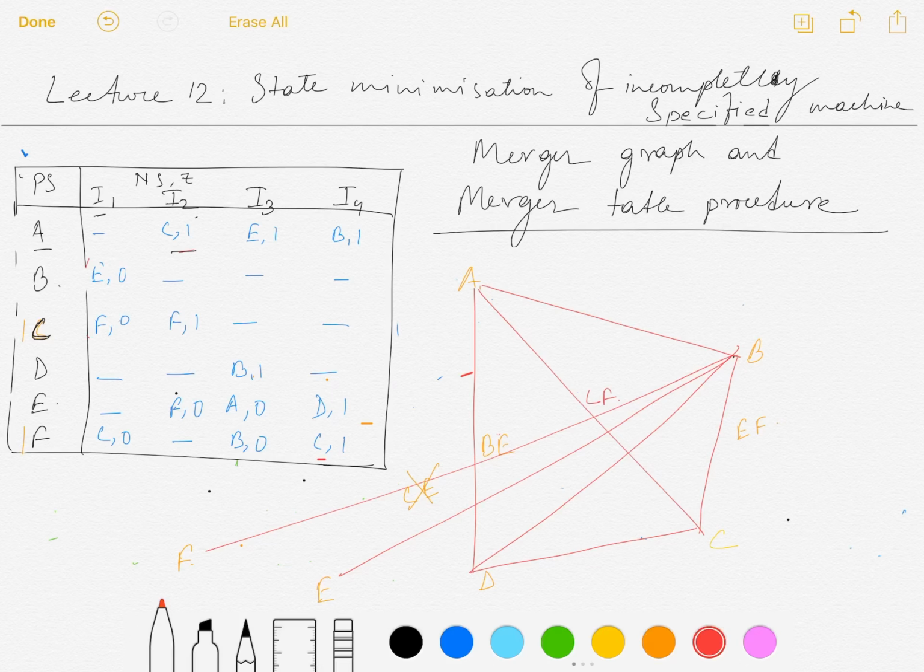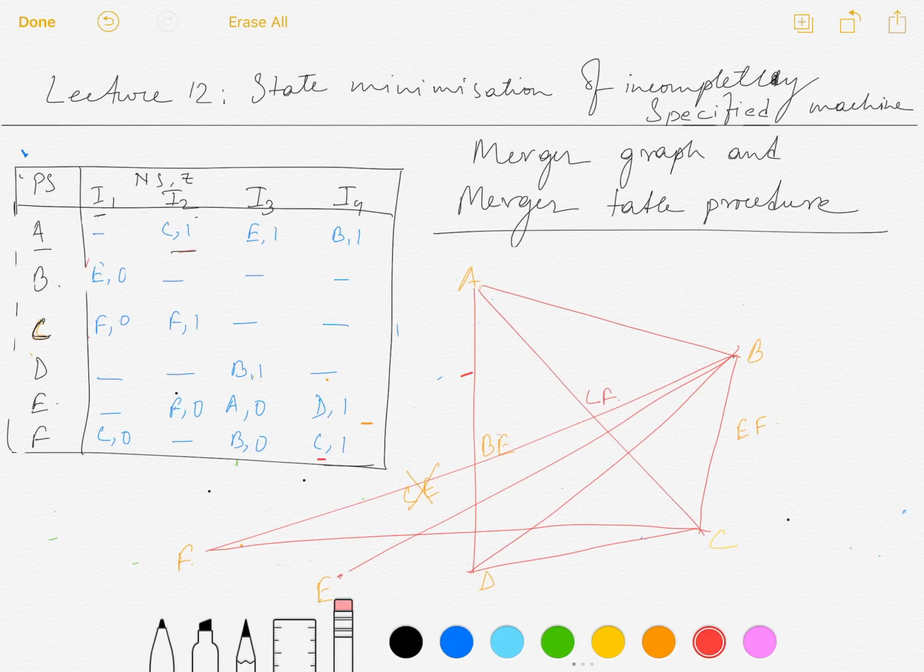DE will not be compatible, as for I3 input, the outputs are different. Now, let us check for DF. For DF also the outputs are different for input I3. So, DF will also not be compatible.